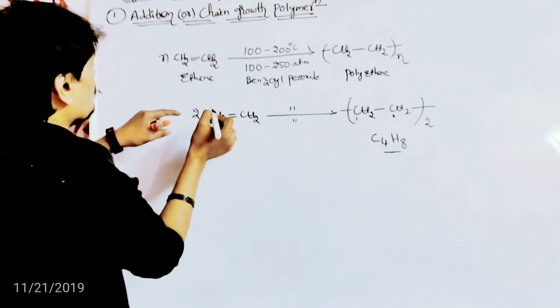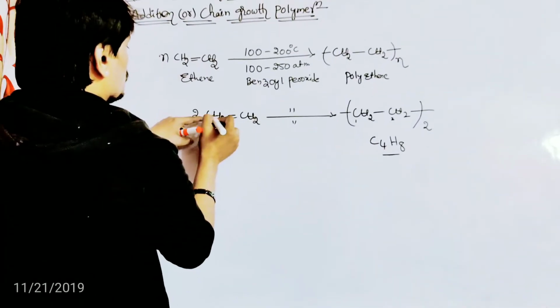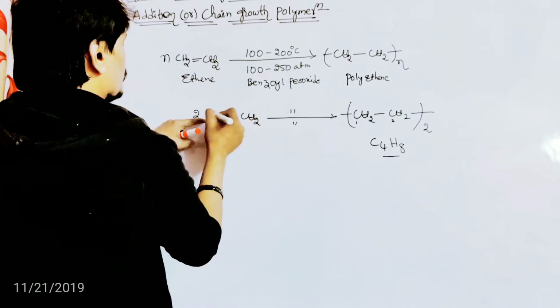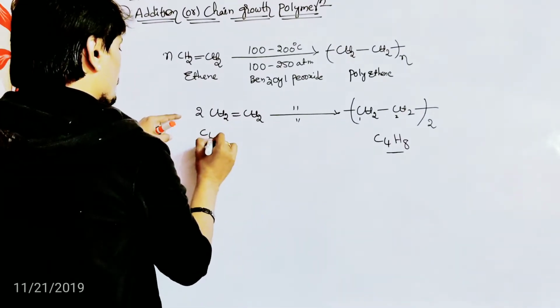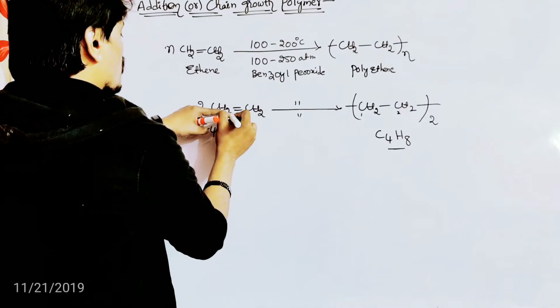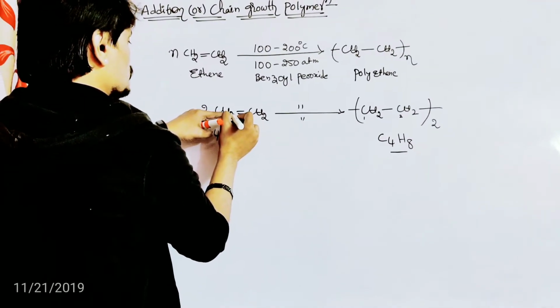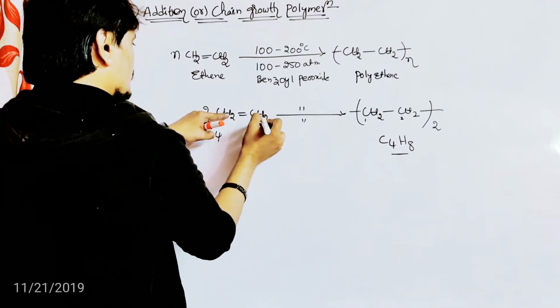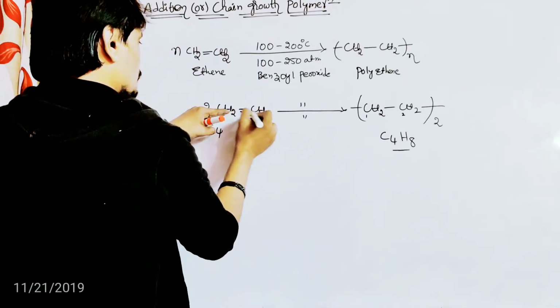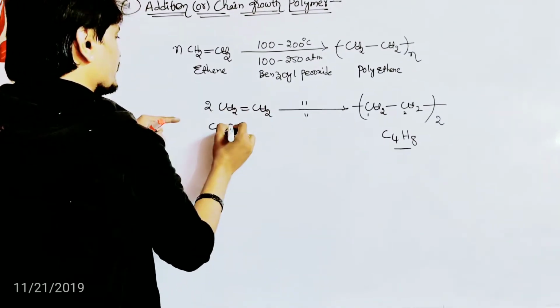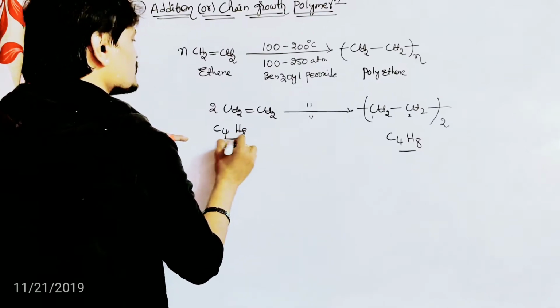Now what is the molecular weight of this? So 2 carbons, 2 into 2, 4. How many hydrogens are there for this carbon? 2 hydrogens. And for this carbon, 2 hydrogens. So 2 plus 2, 4. 4 into 2, 8. This is the meaning, students.